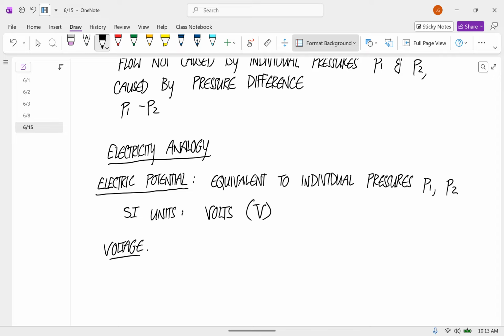And obviously that's an electrical quantity, a term that you've heard a lot. And voltage is the difference in electric potentials between 2 points.